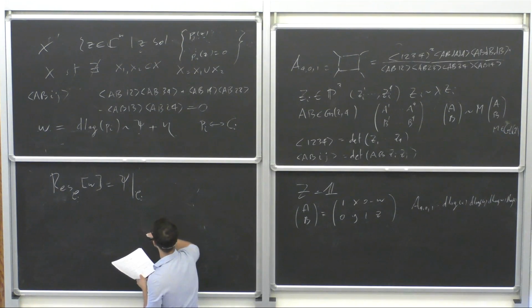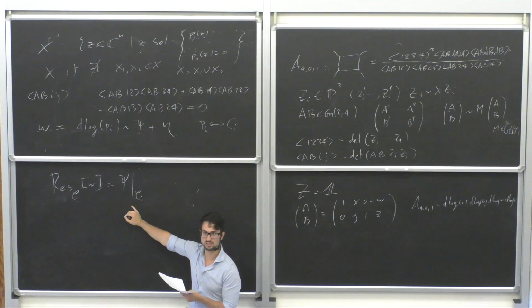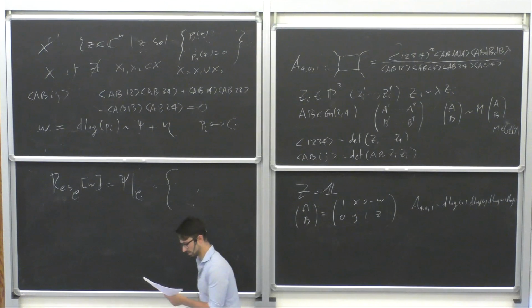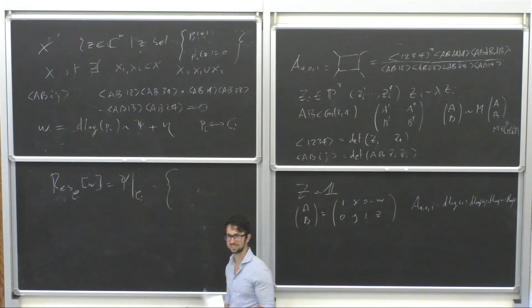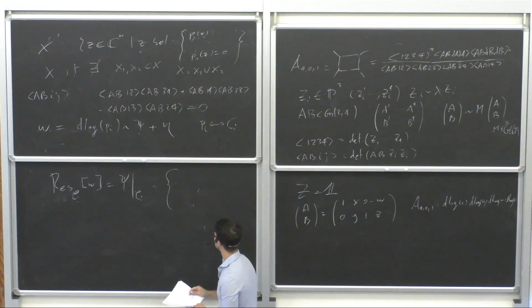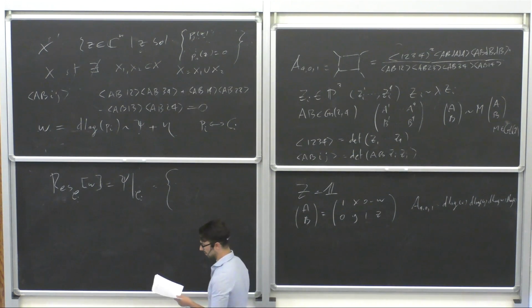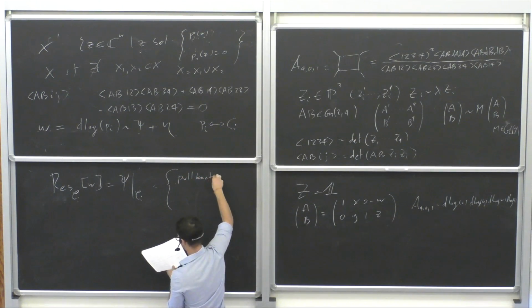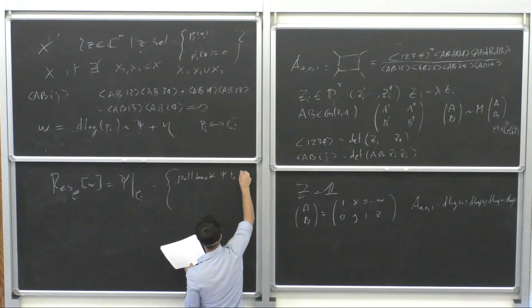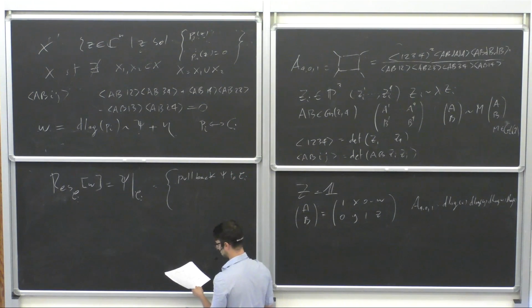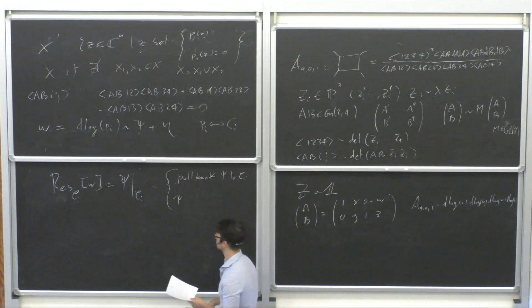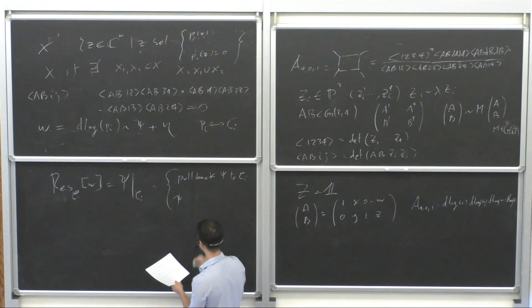And I have to tell you what this restriction to a variety means. There are two ways of thinking about it, which I've been discussing with Tomac and Livia and his group recently. The one that most people in our community use in practice is to think of this as the pullback of psi to ci. But there is also another way, apparently more common amongst mathematicians, which is to think of this as an equivalence relation.